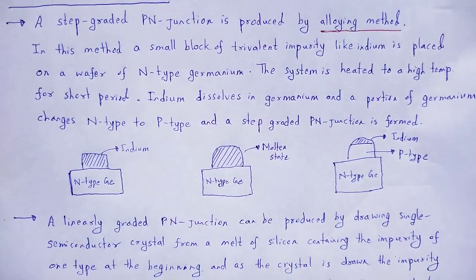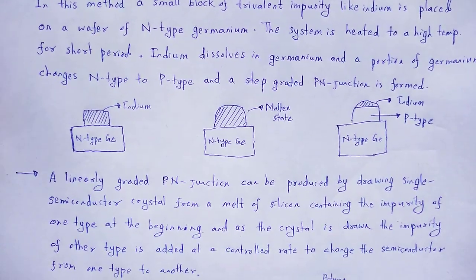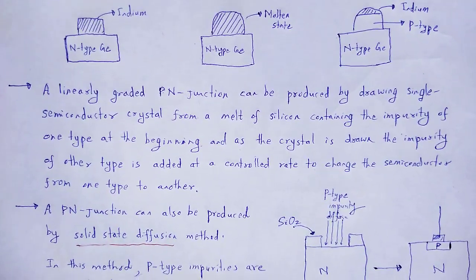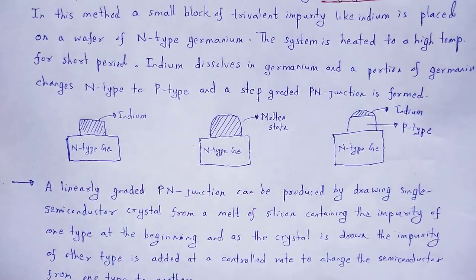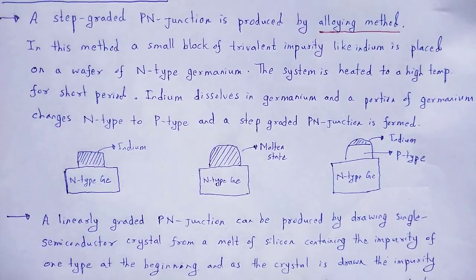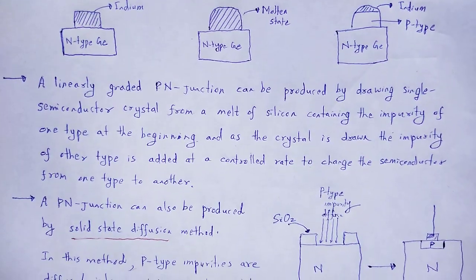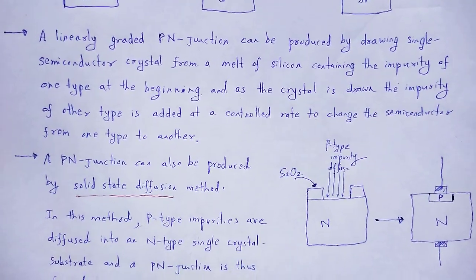Fabrication: two methods of fabrication, one is the alloying method, another one is solid state diffusion. In the alloying method, a step graded PN junction is fabricated, and by using solid state diffusion a linearly graded PN junction is fabricated.